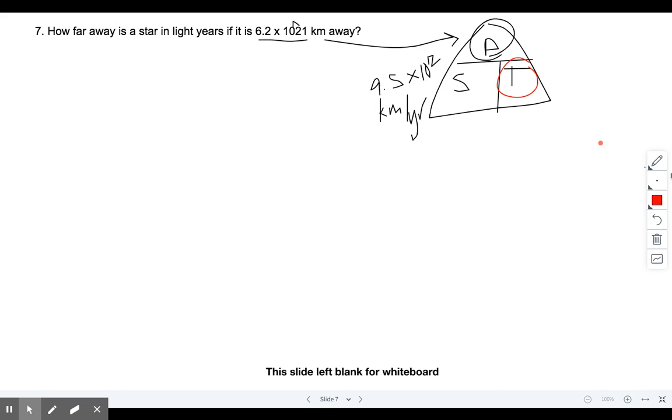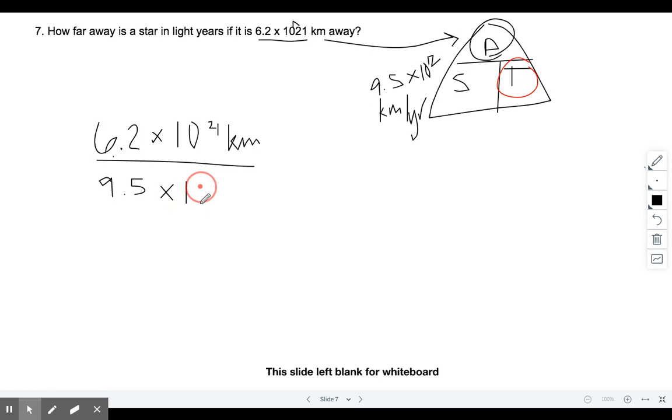Okay, so we're going to take this distance. We know the star is 6.2 times 10 to the 21st kilometers away, and we know that light travels at 9.5 times 10 to the 12 kilometers in a year.